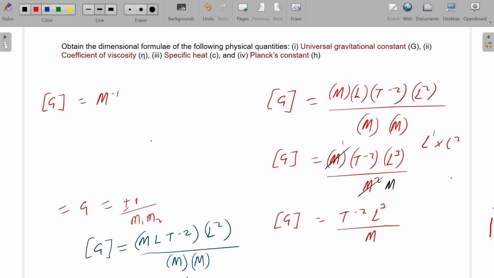Dimensions for G will be equal to M to the minus 1, then L to the power of 3, then T to the power of minus 2. So these are the dimensions for G, which is the universal gravitational constant. So we have it there.